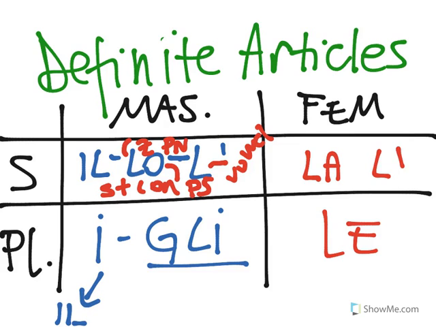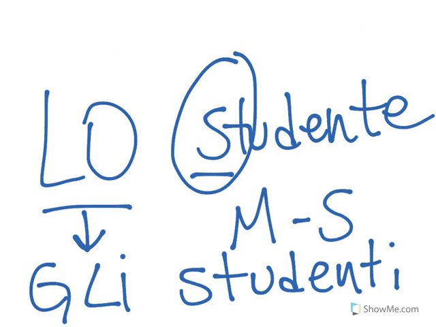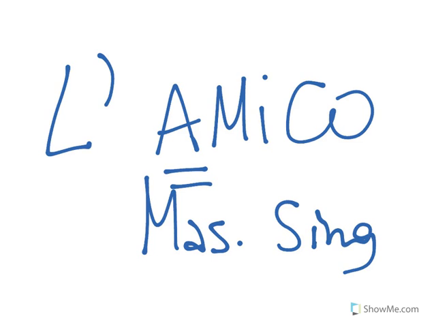When we have a feminine noun, we will precede this feminine noun with the articles in the singular form la or l'. We will use la in front of most of the singular feminine nouns, but we will use l' in front of nouns that start with a vowel, that are, again, feminine.